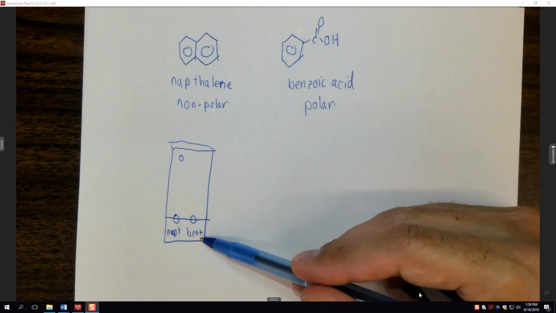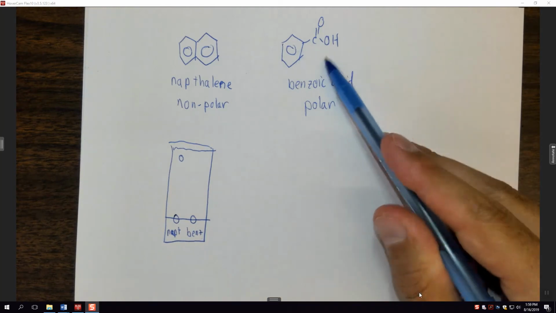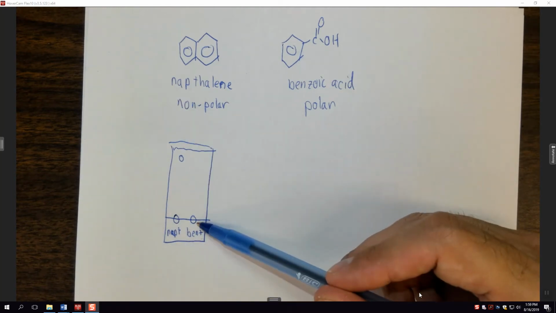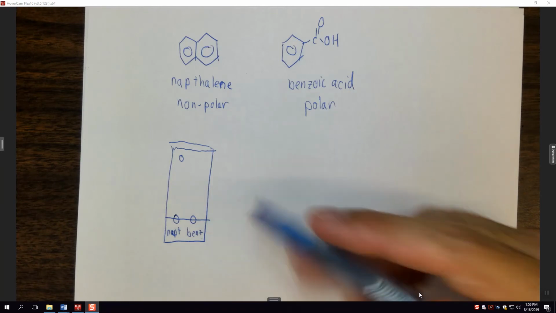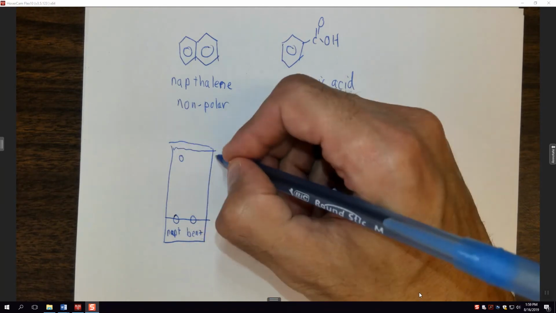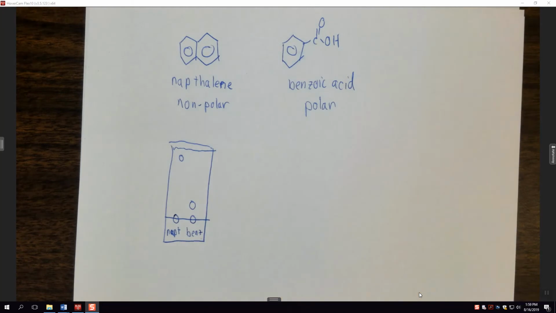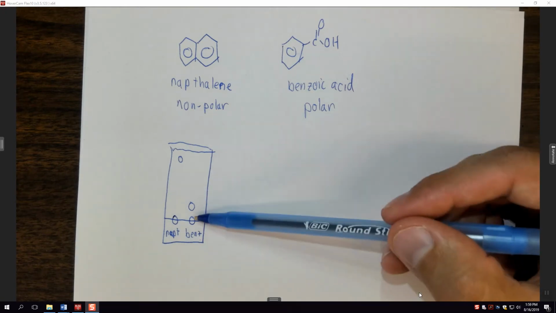What about benzoic acid? Well, benzoic acid is more polar than naphthalene. So benzoic acid is going to be more likely to stick to the silica gel, which means that even though the solvent travels the same distance for both compounds, maybe the benzoic acid only travels this far. Now, I'm not saying these are the exact amounts, and it would depend on what the nonpolar solvent is, but you get the idea.